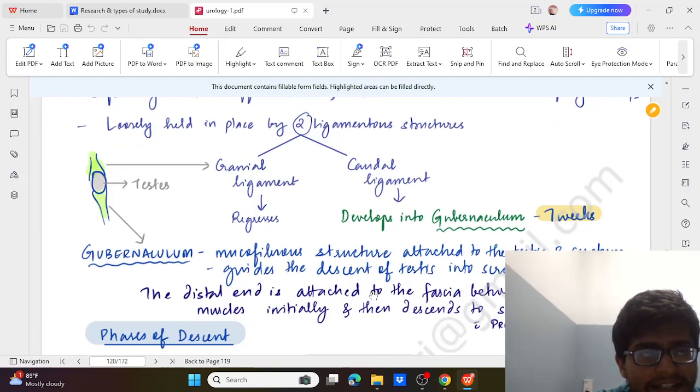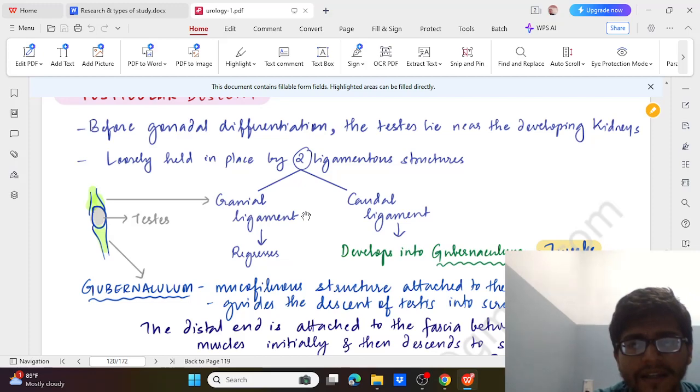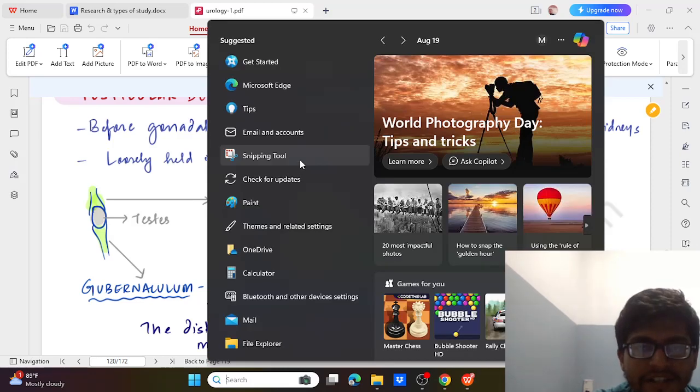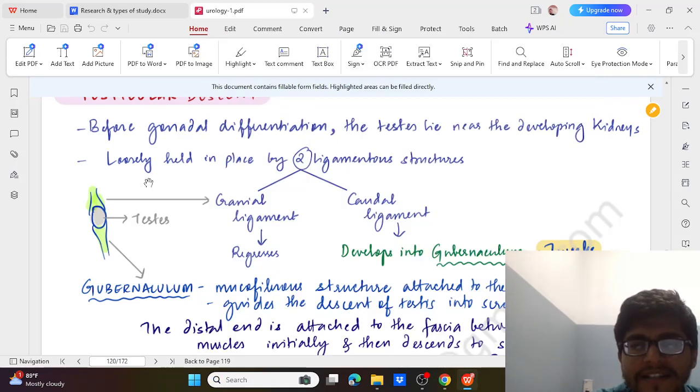Then the testis will descend from the abdomen to the scrotum. Before gonadal differentiation, the testis is near the developing kidney, in the abdomen, in the retroperitoneum.